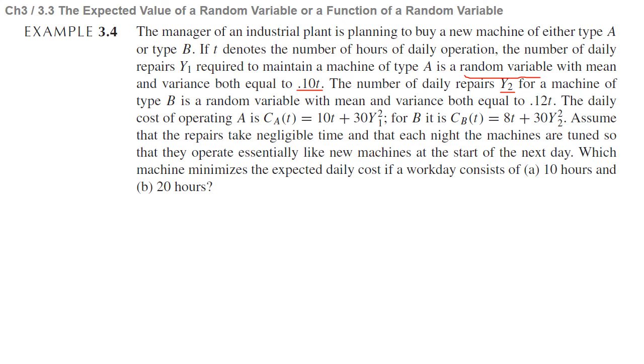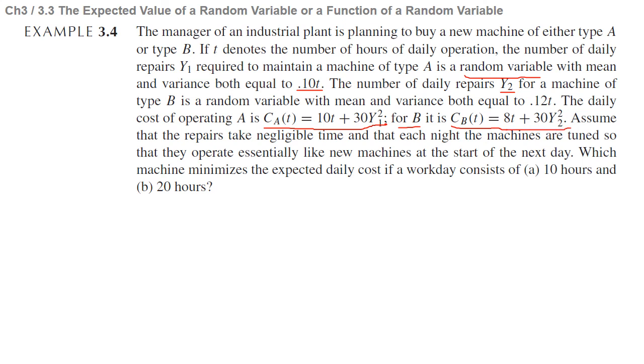0.12T. The daily cost of operating A, actually this is a function of a random variable, is 10T plus 30 Y1 squared, and for B it's also a function of a random variable: C_B(T) is 80T plus 30 times Y2 squared.